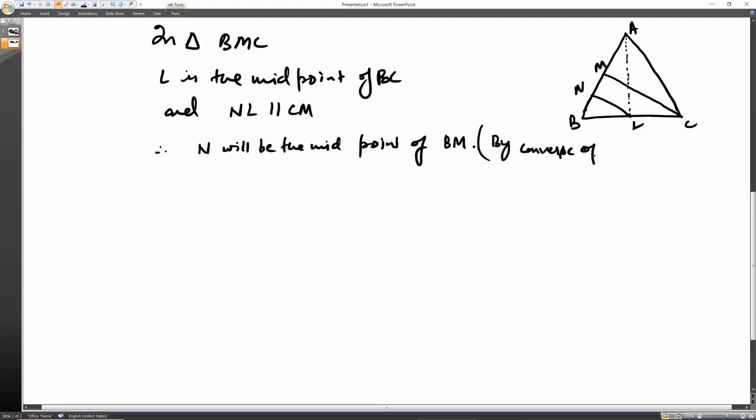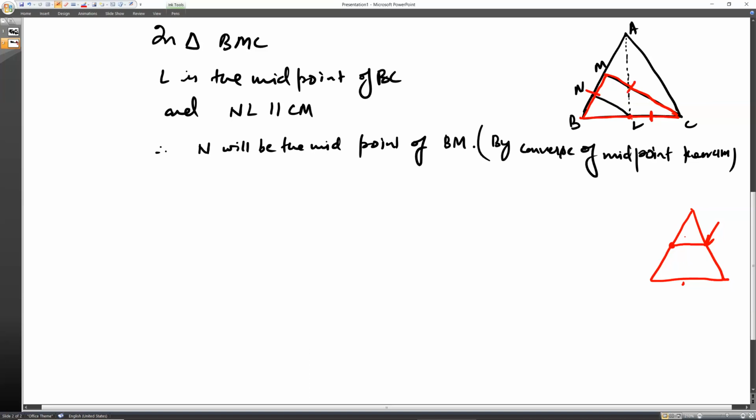Converse of the midpoint theorem. Let me explain one more time. If in any triangle this point is the midpoint of this side and this side is parallel to this side, then the line must pass through the midpoint of the third side. Got it? Yes. Similarly, in this triangle, this is the first side, this is the second side, this is the third side.